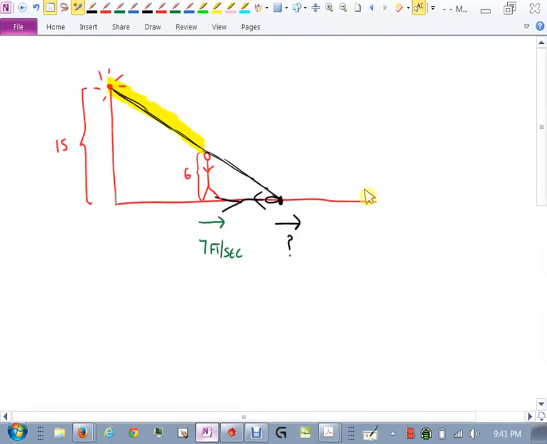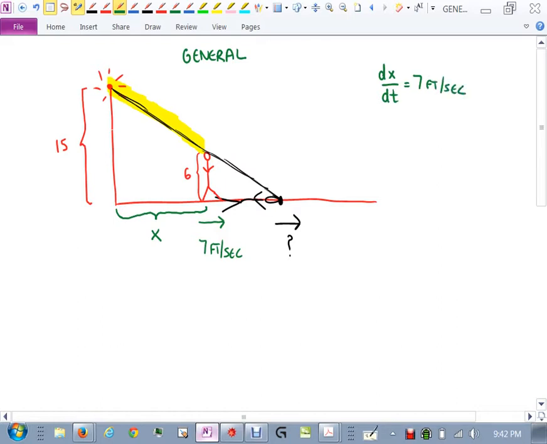Okay, so let me talk about some variables here. This is going to be my general picture. Everything I've put on there is in general. I mean, the 15 feet doesn't change, 6 feet doesn't change. His speed he's walking doesn't change. And then what we want to know is how fast the tip of the shadow is changing. So I know that the distance from the pole to the man I can call x. And we know that dx/dt, because he's walking away at this rate, is 7 feet per second.